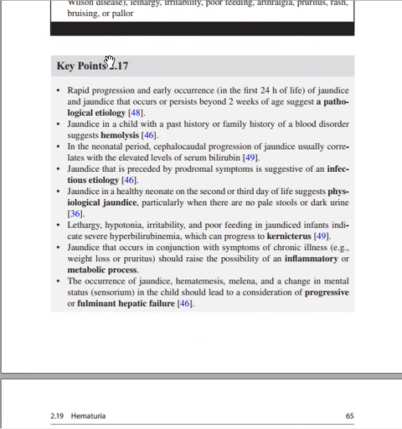The key point in jaundice is that rapid progression and early occurrence in the first 24 hours of life is always pathologic.